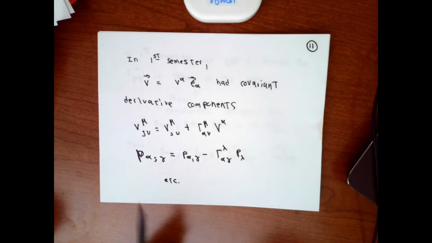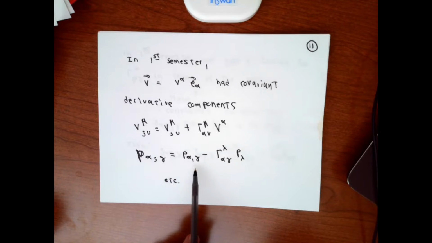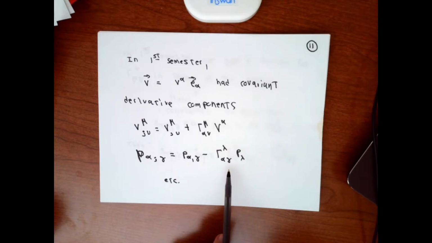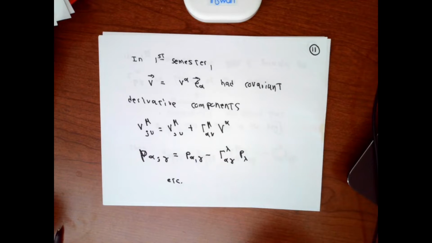Also, p alpha semicolon gamma is p alpha comma gamma minus Christoffel lambda alpha gamma p lambda. The Christoffel symbols were defined to be the coefficients of the basis vectors in the expression partial of E alpha with respect to x beta, for instance. We will define them the same way.